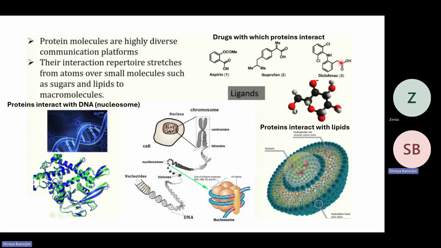These are some ligands that proteins can interact with, like the drugs you take, the painkillers like aspirin, ibuprofen, or other medicines like diclofenac. They all interact with proteins in the body, and that is how they have their effect. So protein ligand interactions are very important for any biological function.